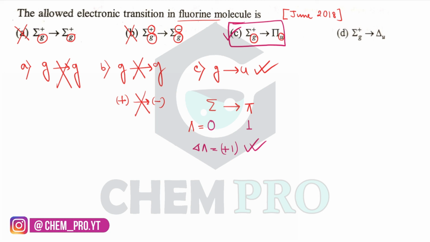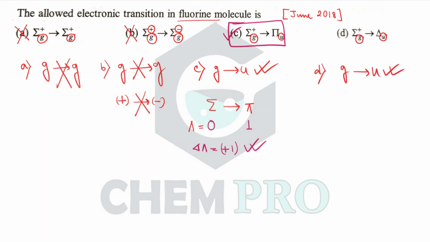But let's check the fourth option, option D. The fourth option says that the transition is G to U, so a G to U transition is possible, but here the transition symbol is sigma to delta. For sigma the lambda value is 0, and for delta the lambda value is 2, so del lambda here is plus 2, and this is not the case for an allowed transition.